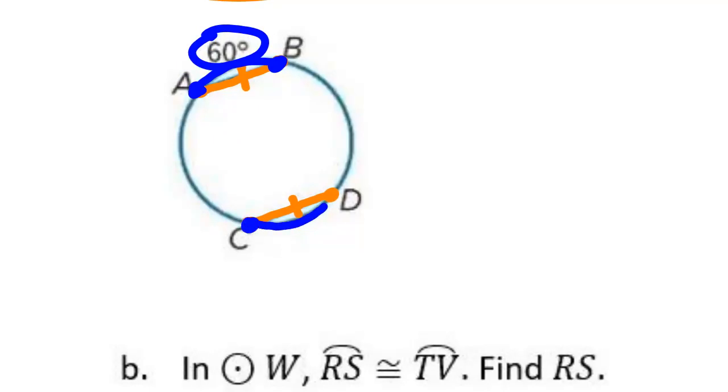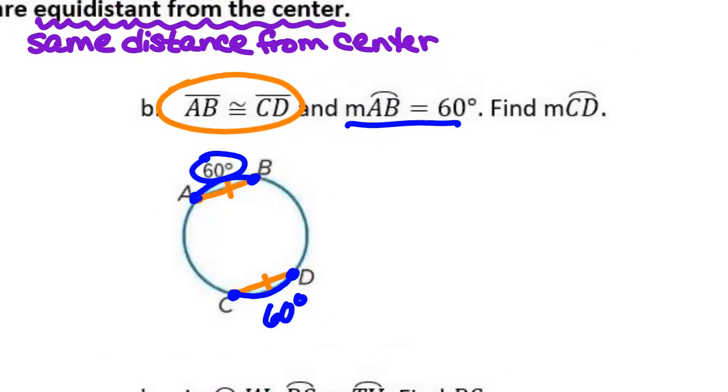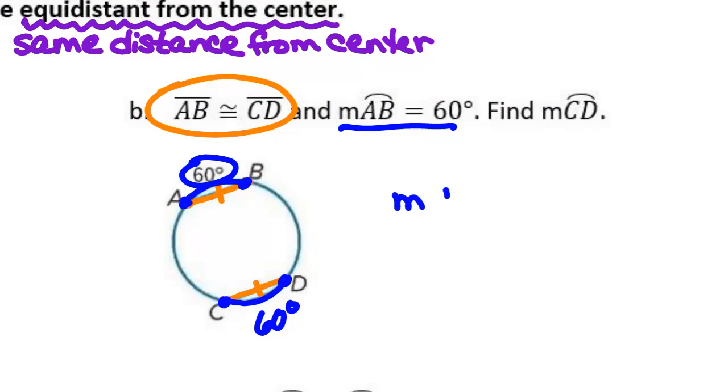So what would have to be the measurement of arc CD? 60 degrees, absolutely correct. Because the chords are congruent, the arcs are congruent as well. So the measurement of arc CD is 60 degrees.